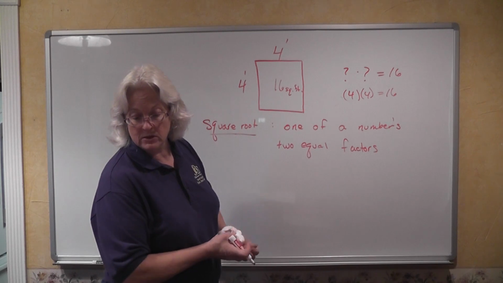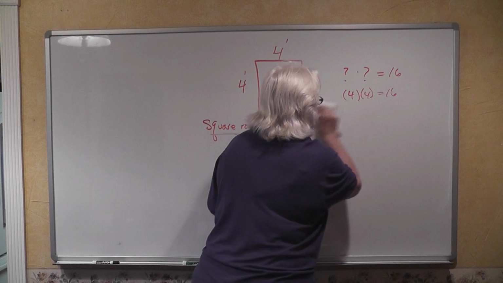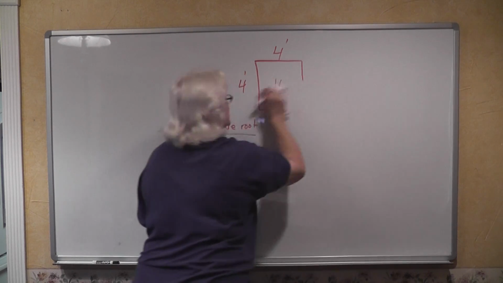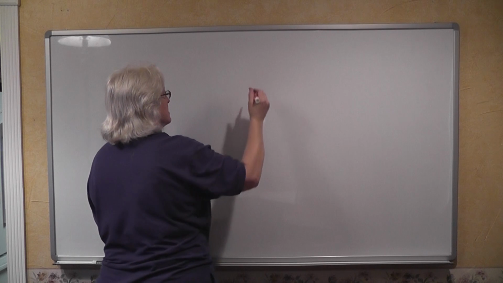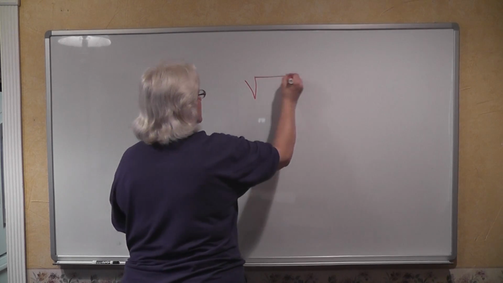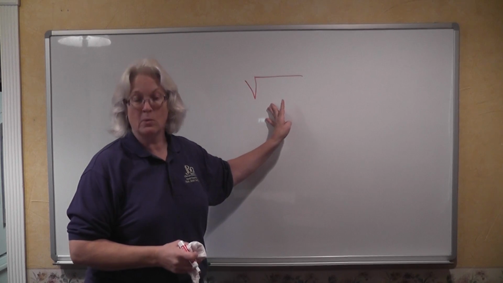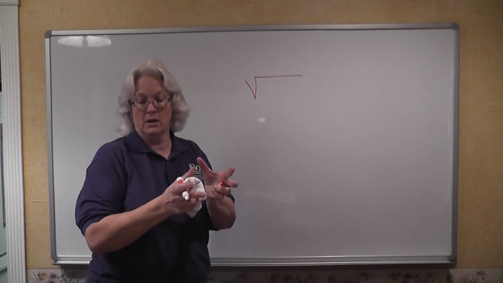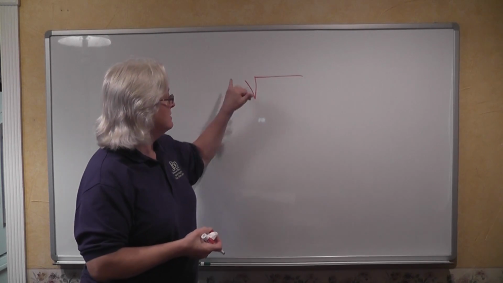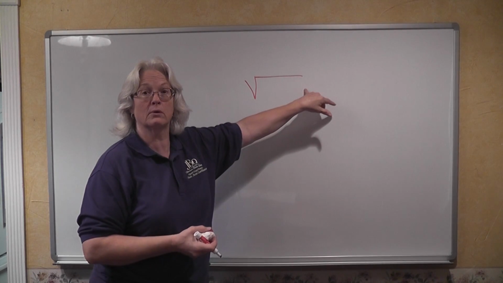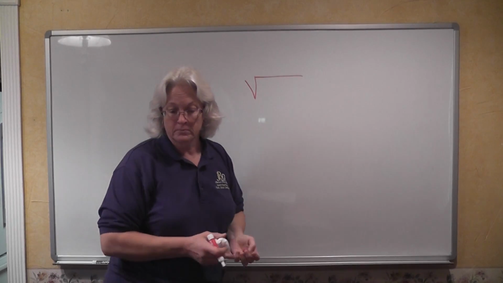Now, let's look at this. The symbols that we're going to use when we find square root. That symbol right there is what we call the radical. This is a radical sign, and this right here is what we're going to call our square root symbol.